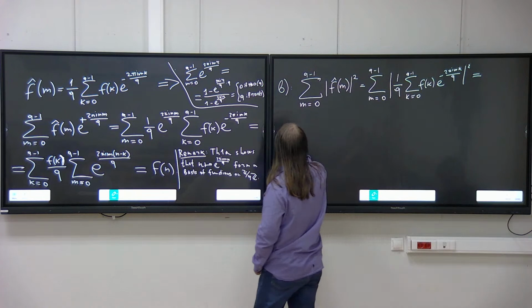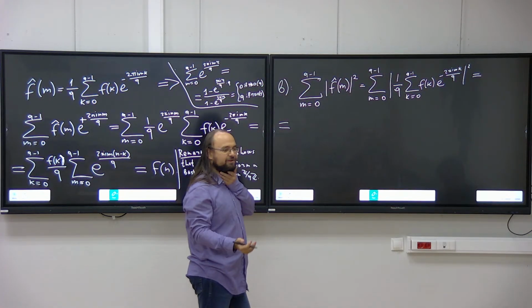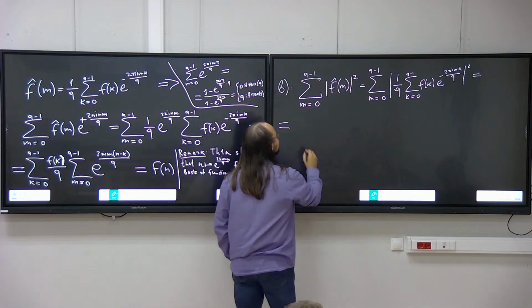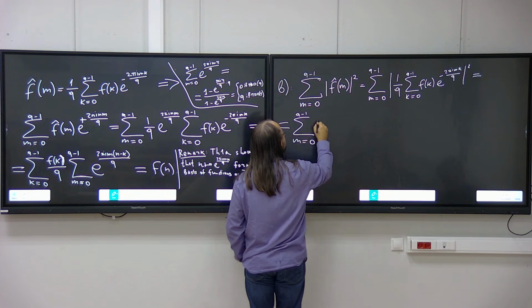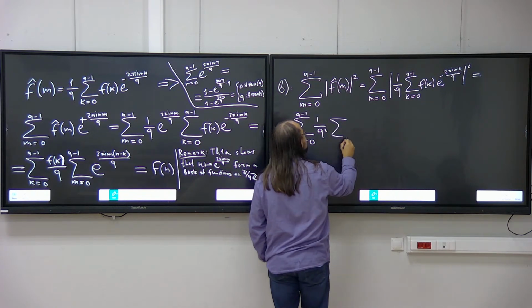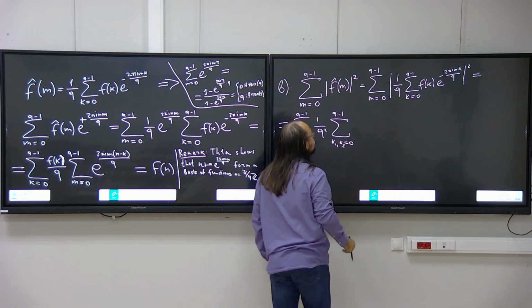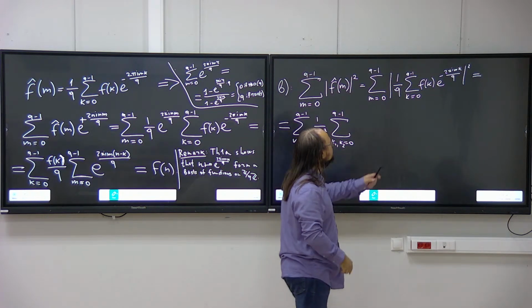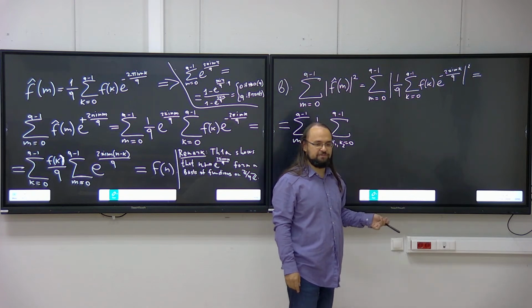And then we expand the square and we get a triple sum. So we get the sum over all m from 0 to q minus 1, 1 over q squared, and then we have the sum over all k1 and k2 from 0 to q minus 1. So we should take our sum and multiply it by the conjugate sum.